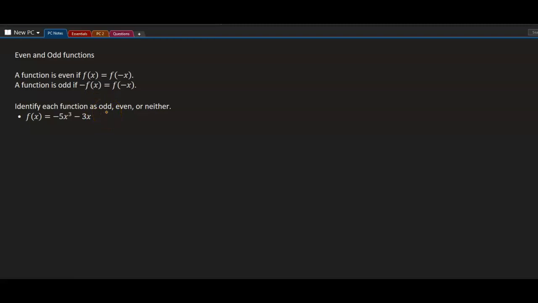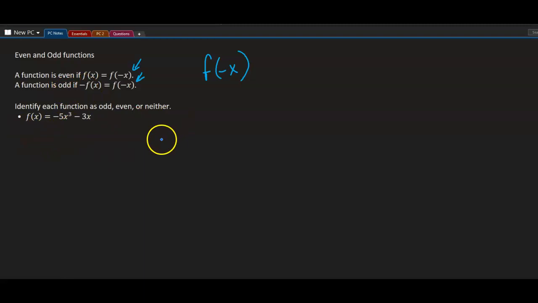All right, so if you look at this, what we're going to do in both instances is we are going to evaluate f of negative x. All right, and if it is equal to the original f of x, that means it is even. If it is equal to the opposite of the original f of x, that means that it is odd.